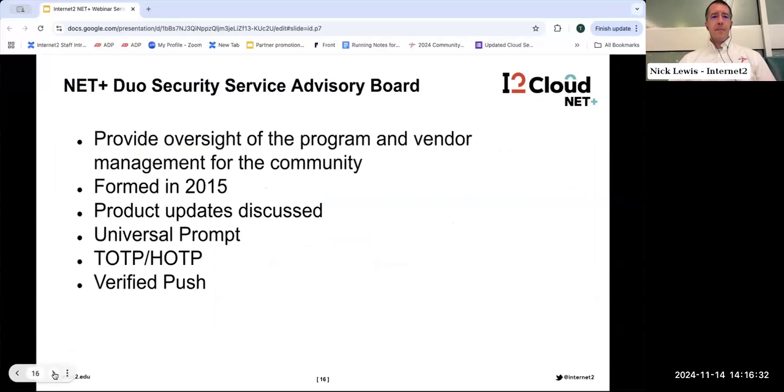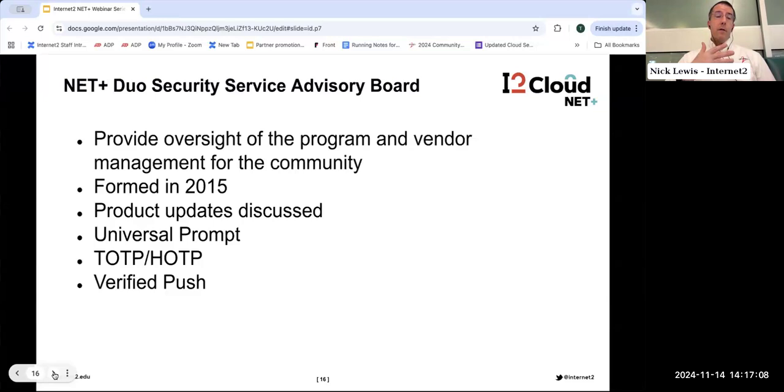Then next, the Net Plus Duo Service Advisory Board, like all of the Internet2 Net Plus advisory boards or advisory groups, provides oversight to the program and vendor management for the community. When Duo was acquired by Cisco, we engaged with the advisory board and with Duo and with Cisco on that change to make sure that campuses were represented in the changes that were being made, so as to minimize the impact on campuses.